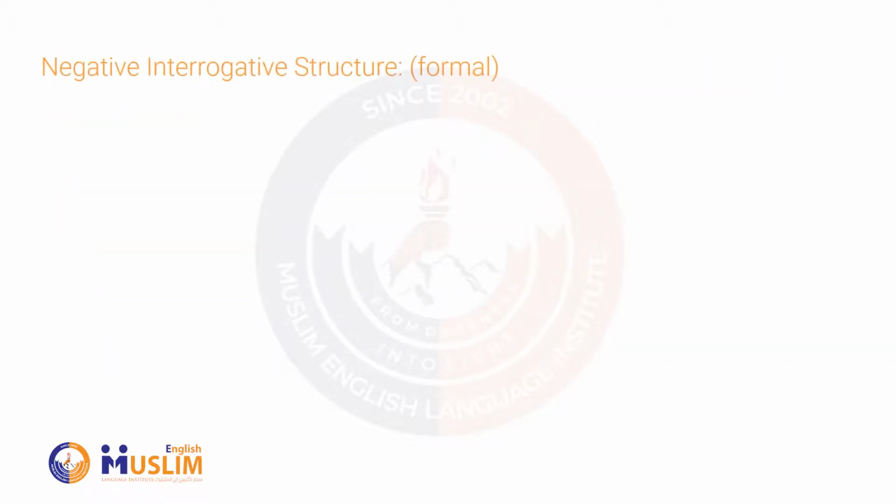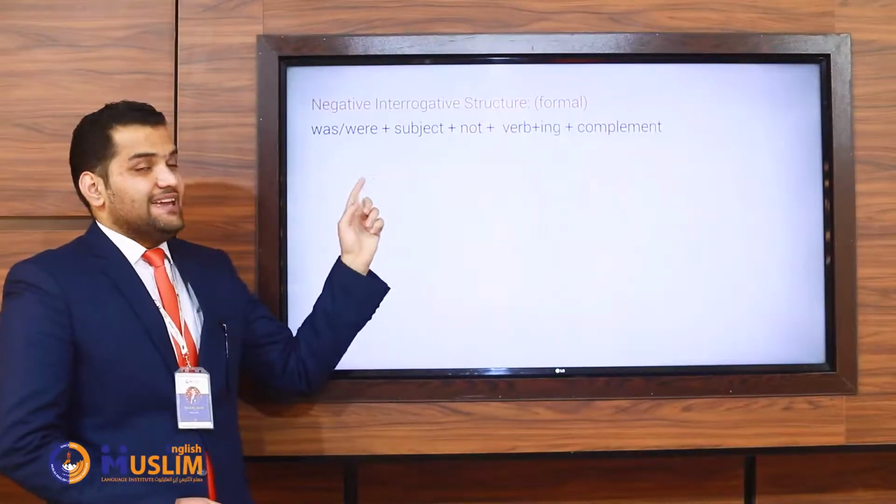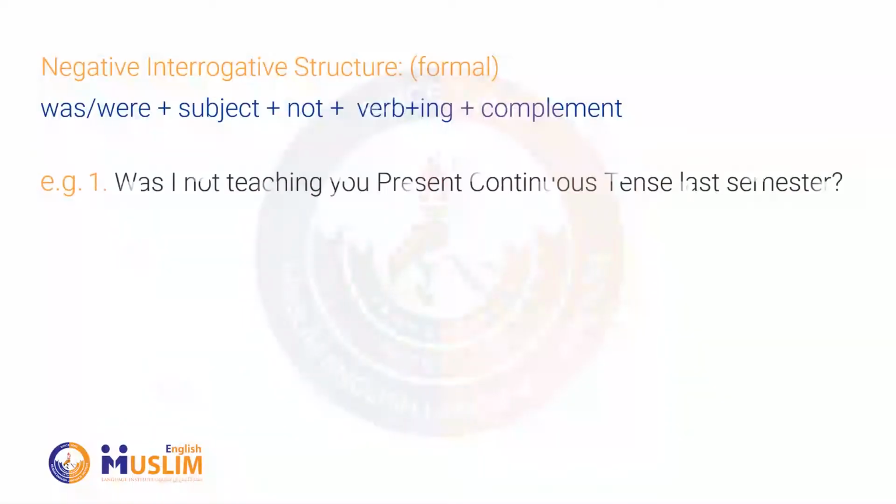The negative interrogative structure and the formal one is was or were plus subject plus not plus verb ing plus the complement. So you have to use not after the subject. For example, was I not teaching you present continuous tense last semester?